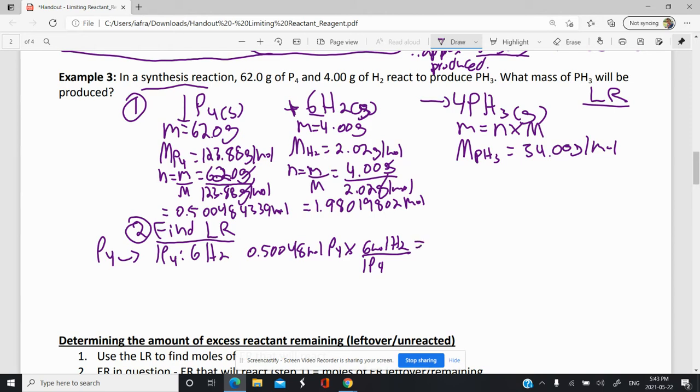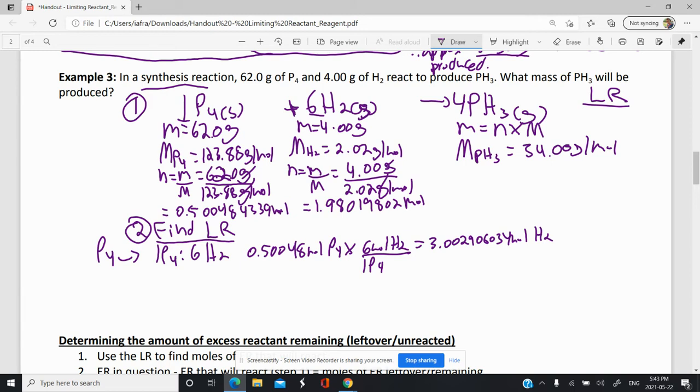So I'm going to get my 0.500484339 times 6, and I get about 3.0029060 moles of H2. Now, look carefully here.